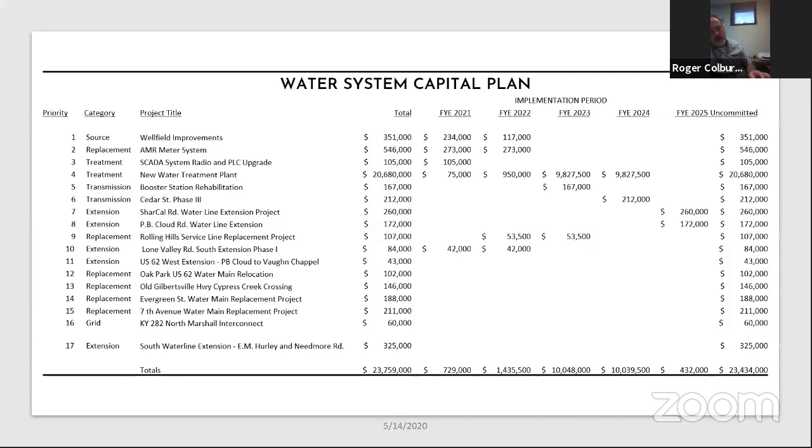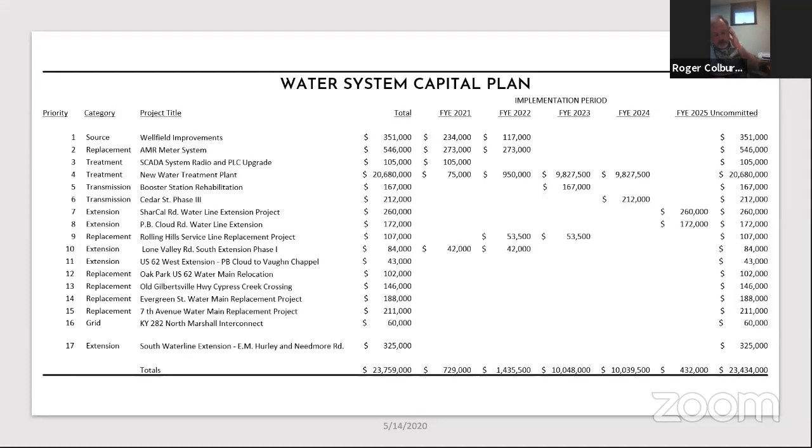So the water capital plan, I gave that to you again last meeting, and it's based on what the water committee had thought appropriate for the priorities, and that's how that got compiled. And so this year we're showing work in the well field, meter replacements, about half of those in this fiscal year, and I'll put half of them over the next fiscal year.